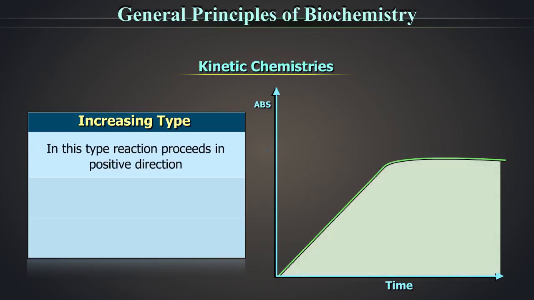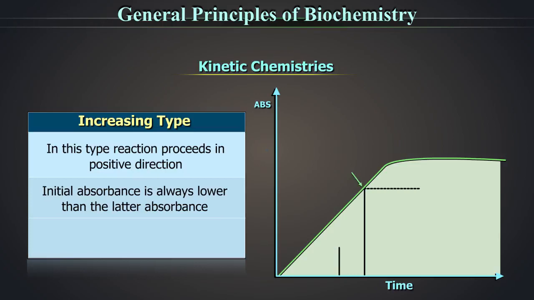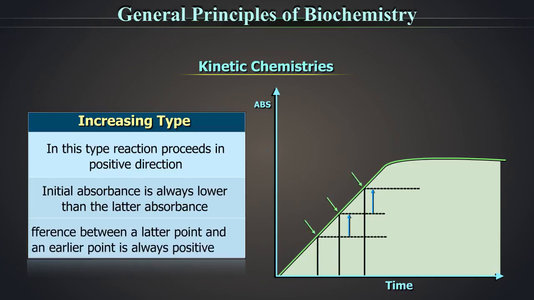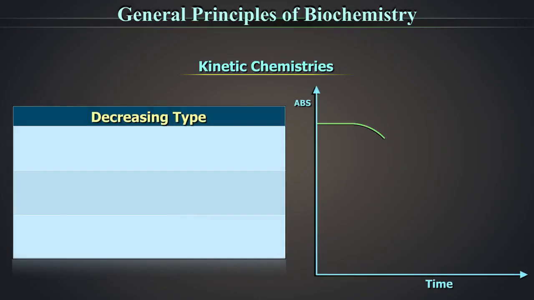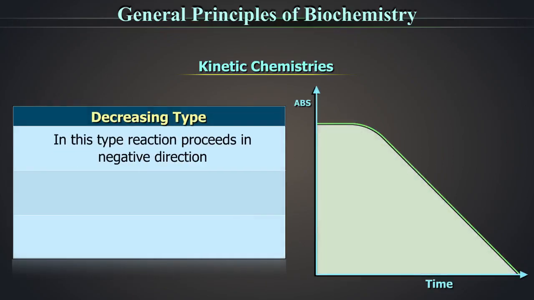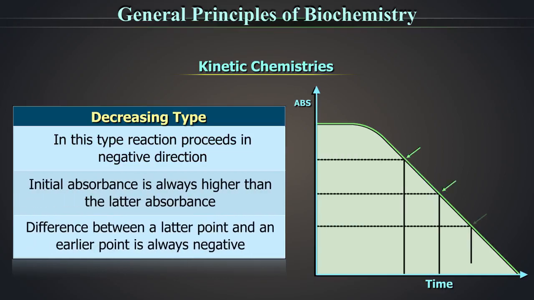In this type, the reaction proceeds in a positive direction, wherein the initial absorbance is always lower than the latter absorbance. The difference between a latter point and an earlier point is always positive. B. Decreasing type. This type of chemistry is also called a negative direction type. The initial absorbance is always higher than the latter absorbance. The difference between a latter point and an earlier point is always negative.